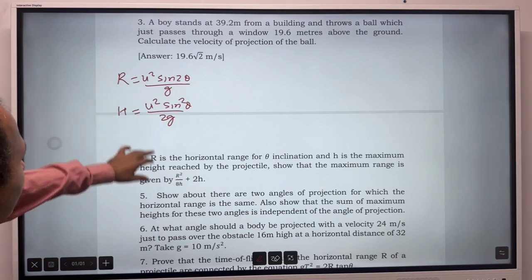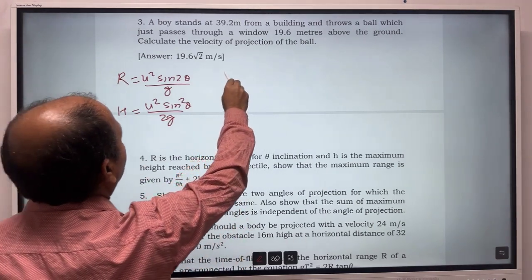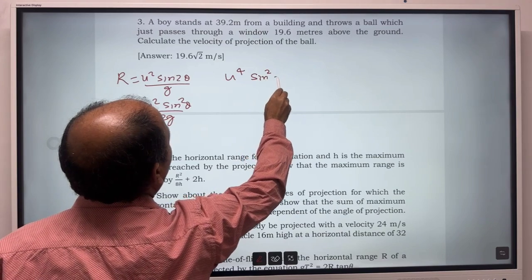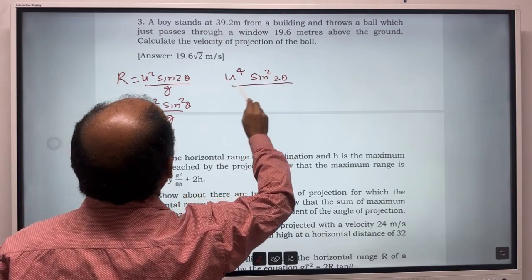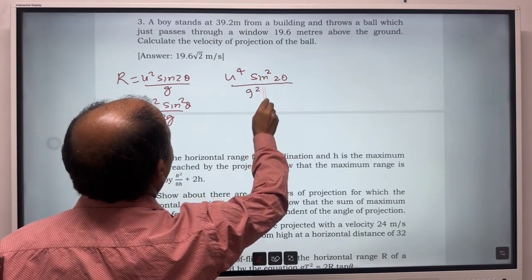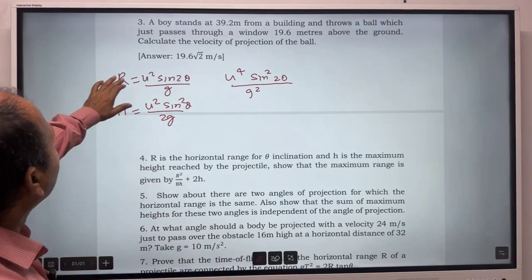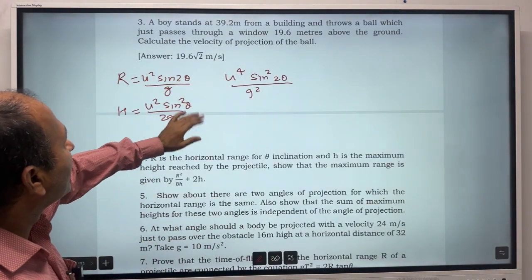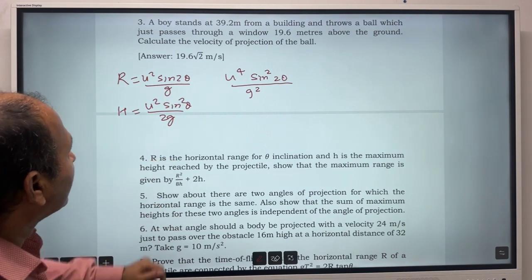Now we put these values here, so r square, that is u power 4 sine square 2 theta divided by g square, because r square, so this is squared, this is squared, this is also squared, divided by 8 times h.